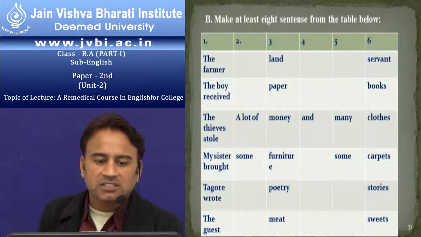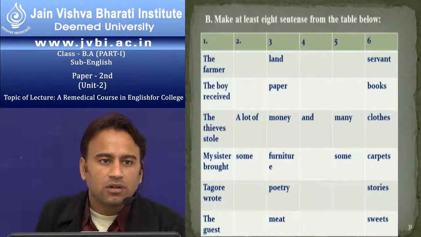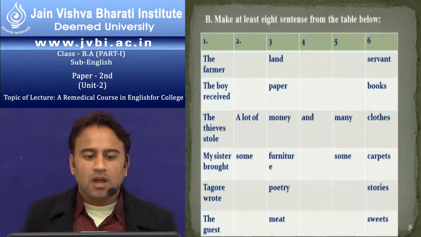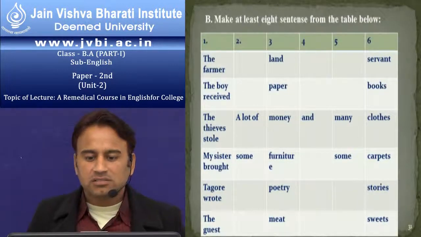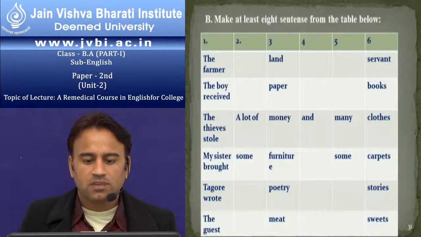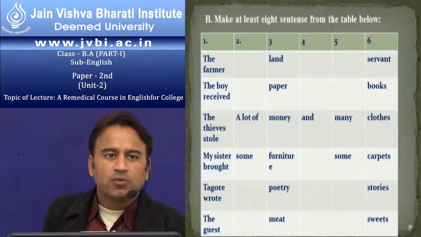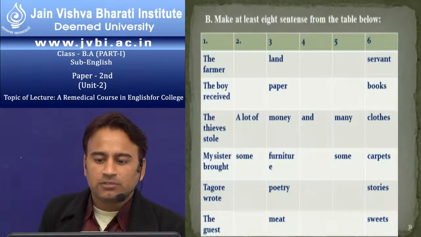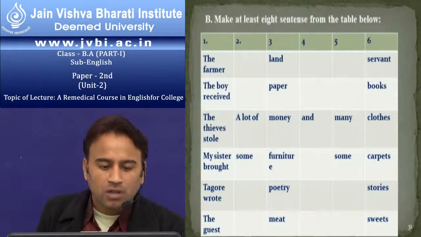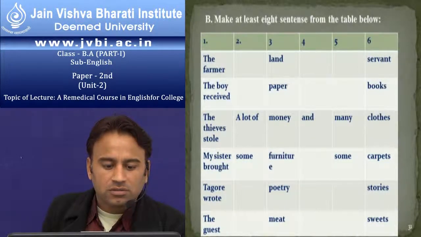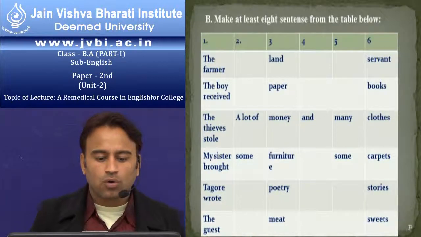Now it is the last exercise of your book. Make at least 8 sentences from the table below. This is a simple exercise. We have to make 8 sentences from the table below. We have to use the farmer, the boy received, the thieves stole, my sister brought.